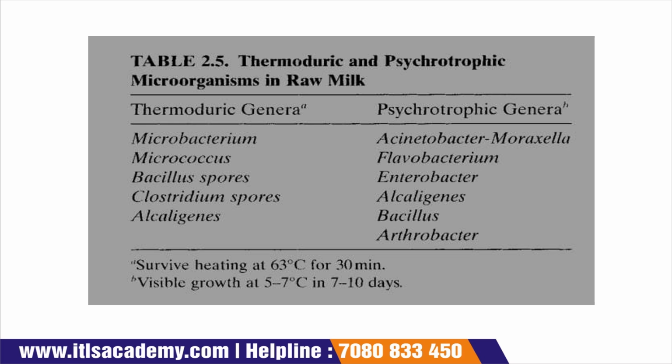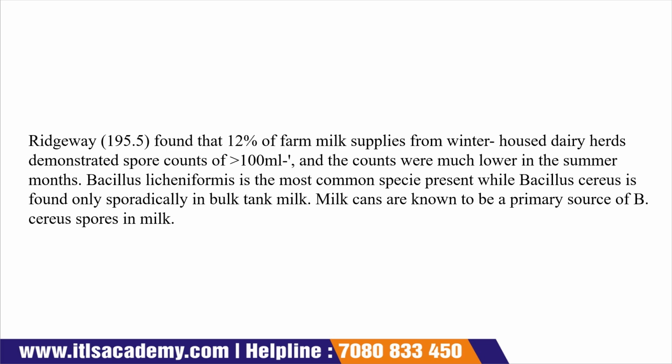Okay, this table is for the thermoduric and psychrotrophic microorganisms present in raw milk. That is Microbacterium, Micrococcus, Bacillus spores, Clostridium spores, and Alcaligenes. Now, Ridgway found that around 12% of the farm milk supply from winter-housed dairy herds demonstrated a spore count of less than 100 per ml, and the counts were much lower in summer months.